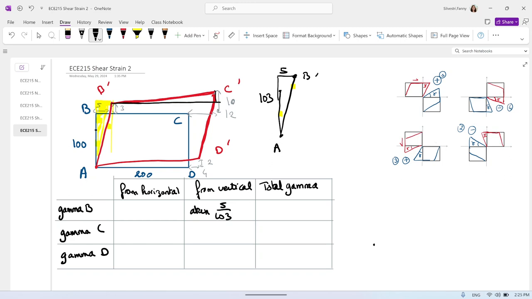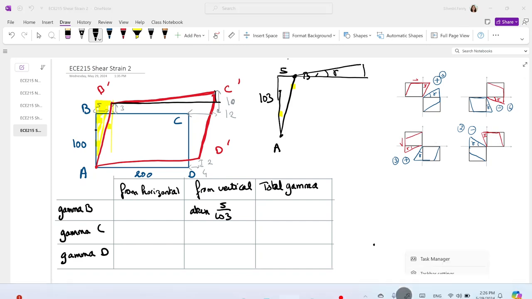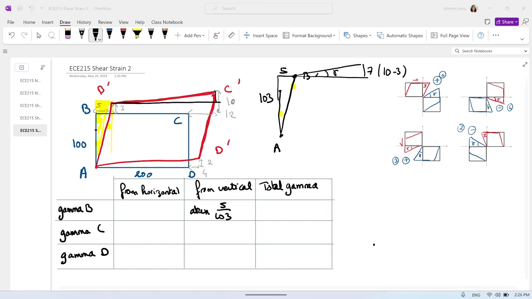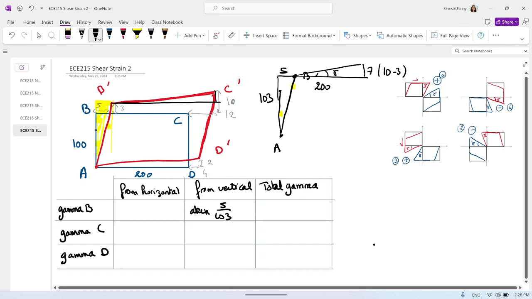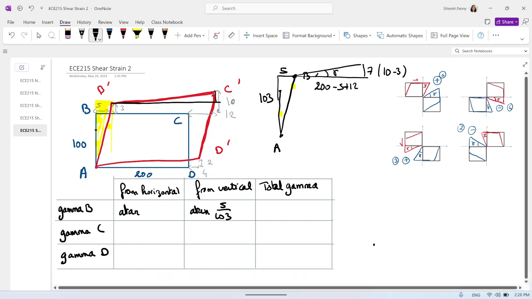For B prime, we have this one, this one, this one, and we try to find this second angle gamma there. So the vertical distance will be 10 minus 3, so this is 7. And for the total length, that will be 200 minus the 5 to the right and plus the 12 there. So that will be arctangent of 7 divided by 207.